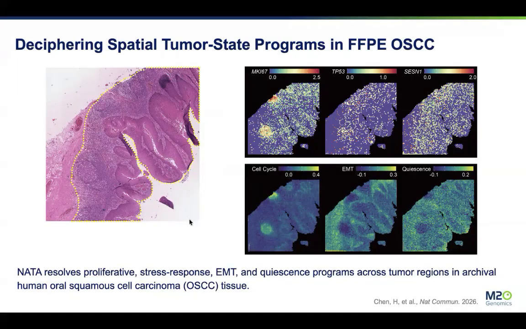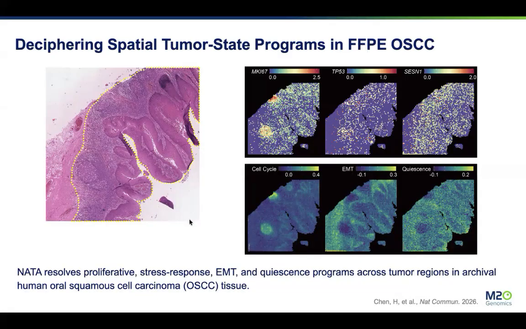Interestingly, within this broader low proliferative region, we also identified 2 localized MKI67 hotspots. These correspond to a focal activation of the cell cycle program, showing spatially restricted proliferative subregions within an otherwise non-proliferative tumor area. Therefore, NATA enables resolution of spatial tumor state architecture in FFPE clinical samples, capturing both dominant regional states and localized functional heterogeneity.